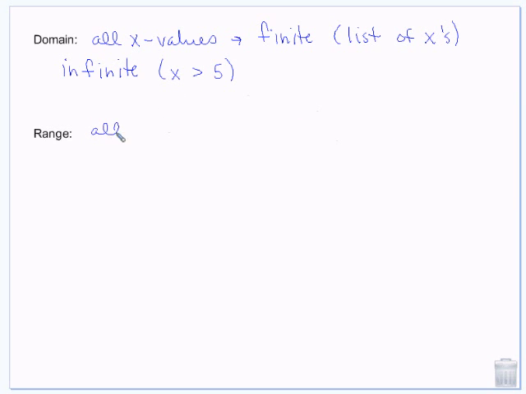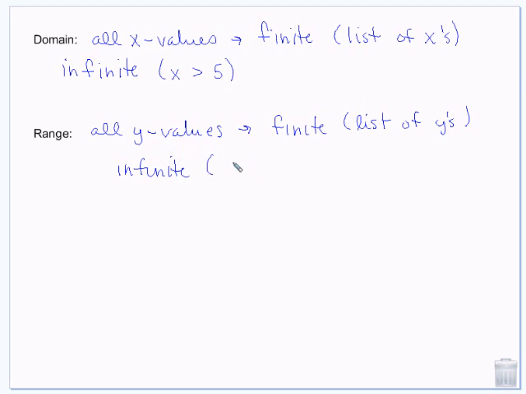Now your range then is all of your y values. And again, it can be either finite, giving me a list of y's, or infinite, giving me, y is less than 0 or something.